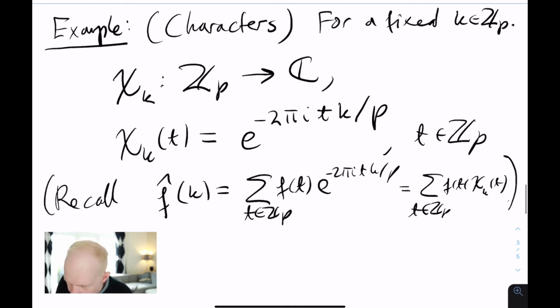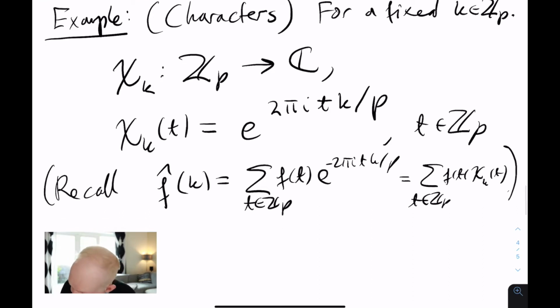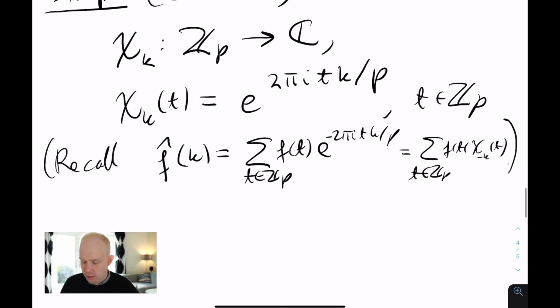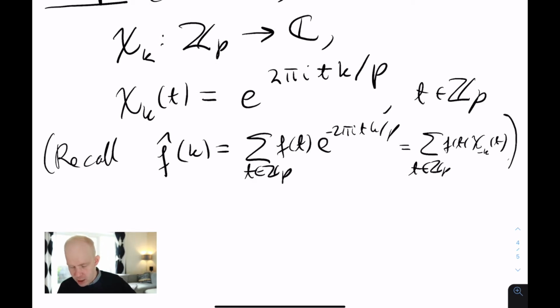Actually, maybe I should use it without the minus in this context. The reason becomes clear later when I talk about these characters. I'm just putting the minus here instead, so you could think of it as the Fourier transform at the point minus k. In the notes I'm using the minus, but it turns out it's better to use plus. You get the same property in the end, either way. I might edit this in the notes to have a plus there.